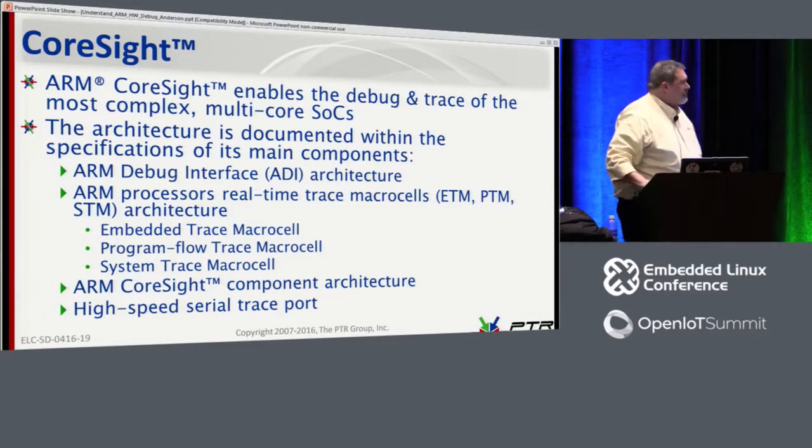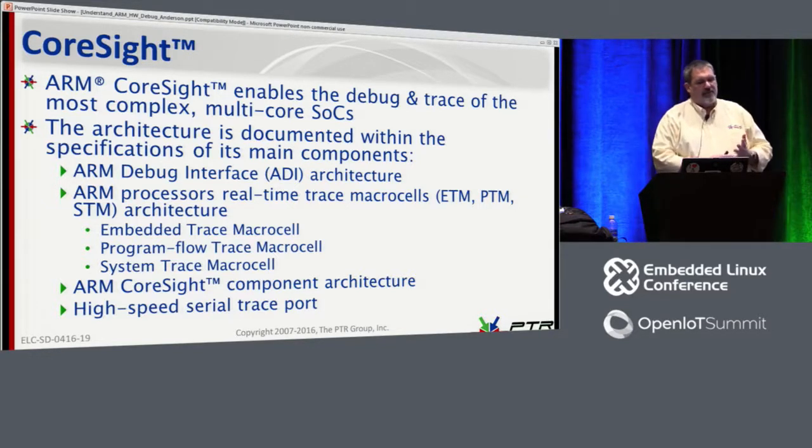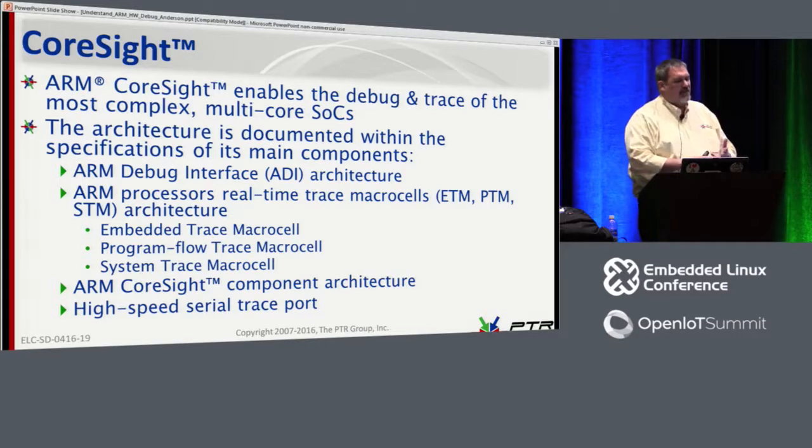Inside of the CoreSight series of parts, and we'll actually see a picture of that coming up here, we have the ARM debug interface architecture, and then there are a series of real-time trace macro cells that are available. We have the embedded trace macro cell, the program flow trace macro cell, and the system trace macro cell. And again, all of those are kind of optional.